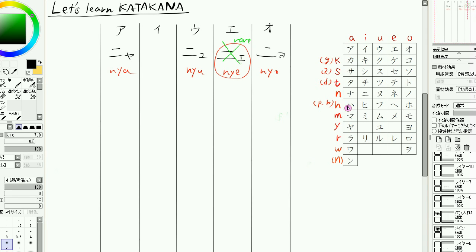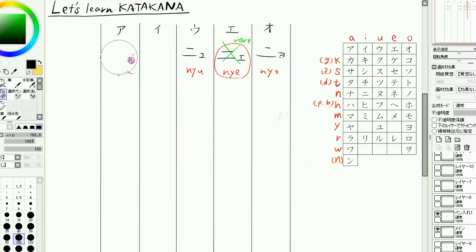Okay, let's go to H sound. If we do some review on H sound, that was like this, right? And the problem with H sound was, yeah, the third one is expressed with a different alphabet. It's not English fu, but Japanese F, which is different from H sounds.